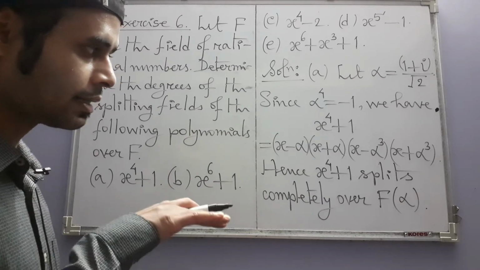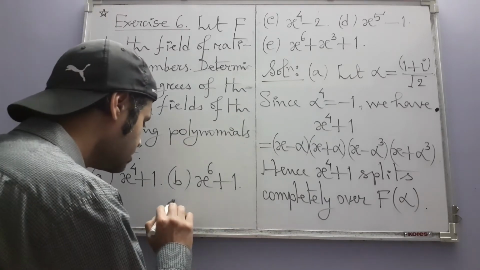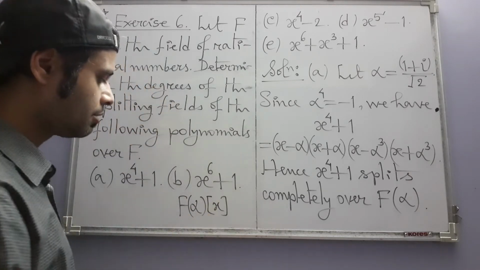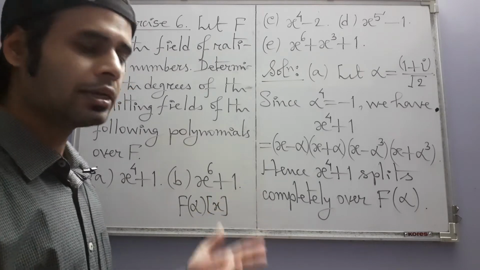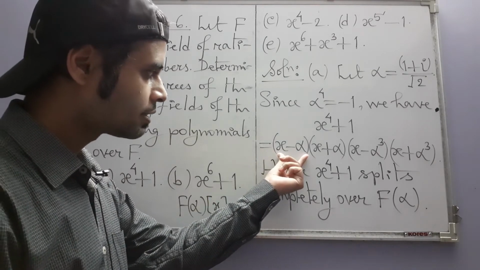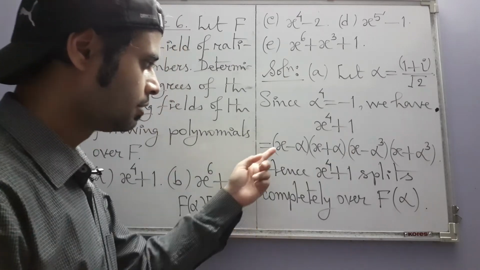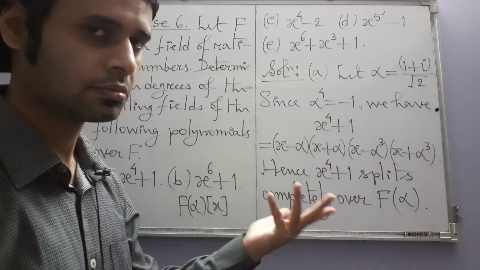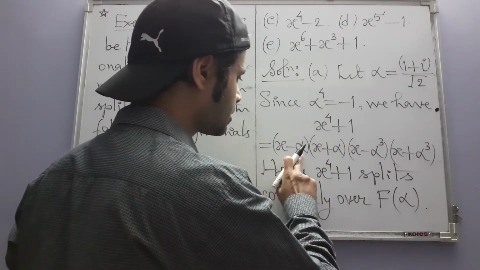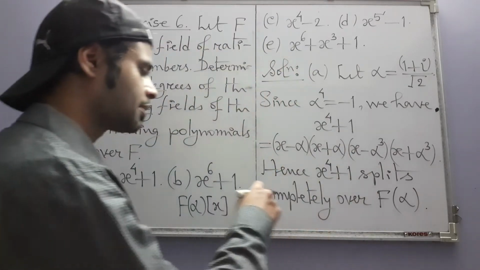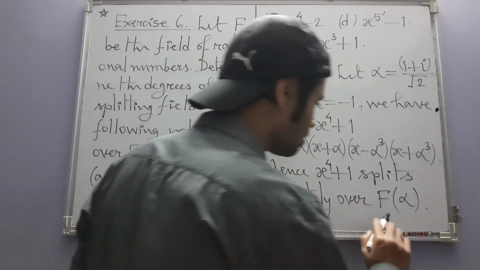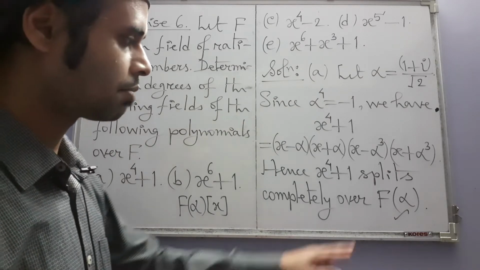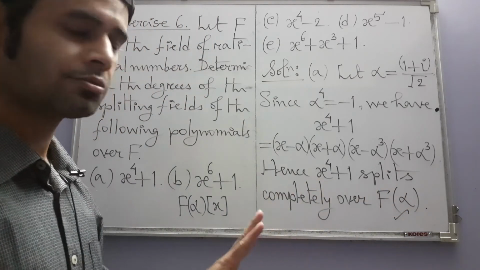So the ring that I was talking about just now is this ring, the polynomial ring over this field. Why? Because you look at these individual linear factors and their coefficients. The coefficient of x is of course 1. But what about the constant terms? Minus alpha, plus alpha, minus alpha cubed, plus alpha cubed. All of them belong to this field F(alpha), which you obtain by attaching alpha to F, the field of rational numbers.